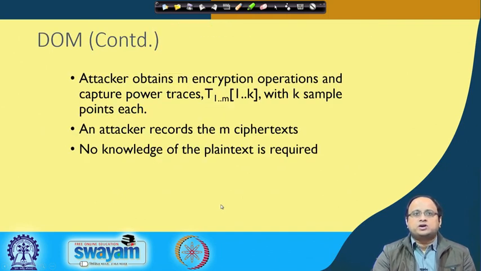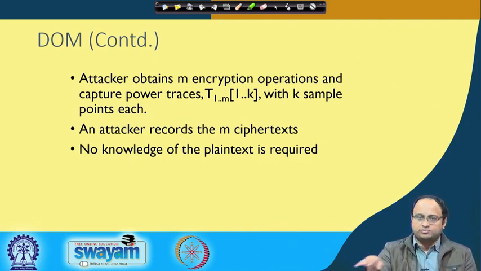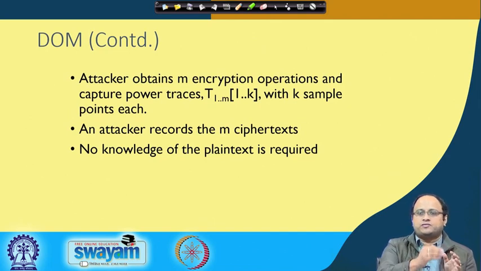So what the attacker does now is that the attacker obtains M encryption operations, M could be like 1000 encryption operations, and captures the power traces in the form of a table. You can imagine that the table is denoted as T1 to M to 1 to K. You have some rows and some columns: the rows denote the various power traces or various executions that have taken place, whereas the columns are different time instances of your power traces.